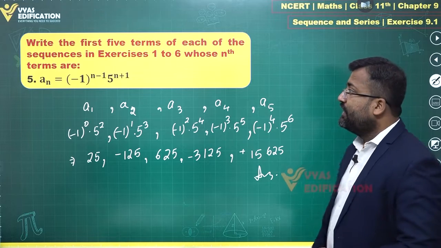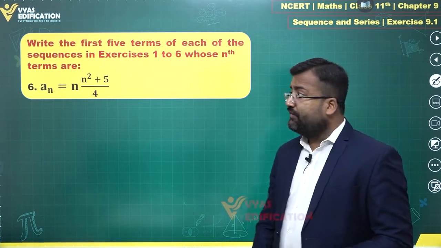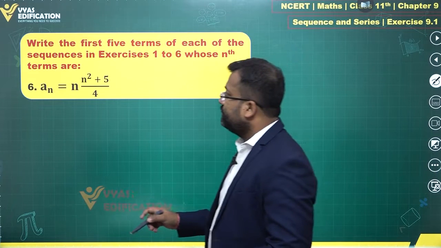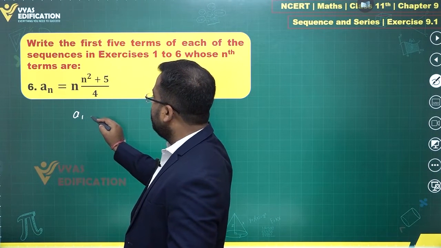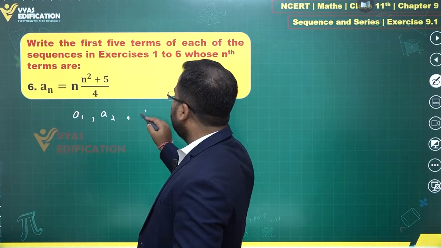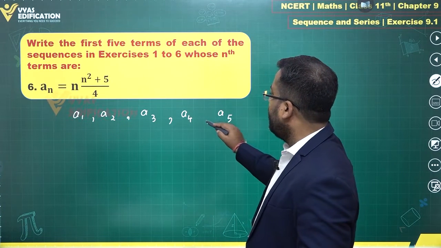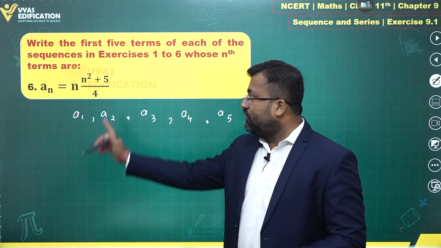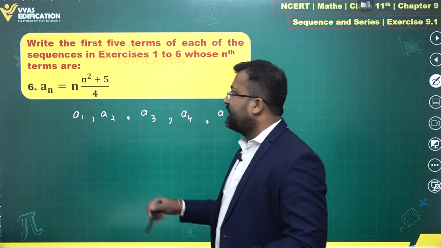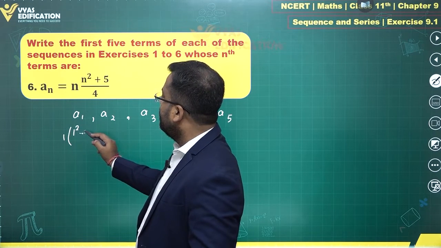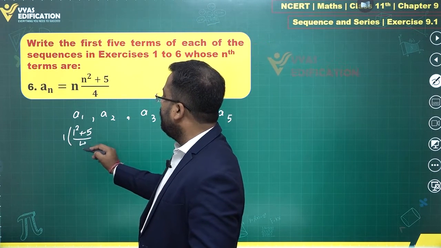For the 6th question, we have AN equals n times n square plus 5 upon 4. So A1, A2, A3, A4, A5 can be found easily by substituting n equal to 1, 2, 3, 4 and 5 respectively. So this becomes 1 times 1 square plus 5 upon 4.